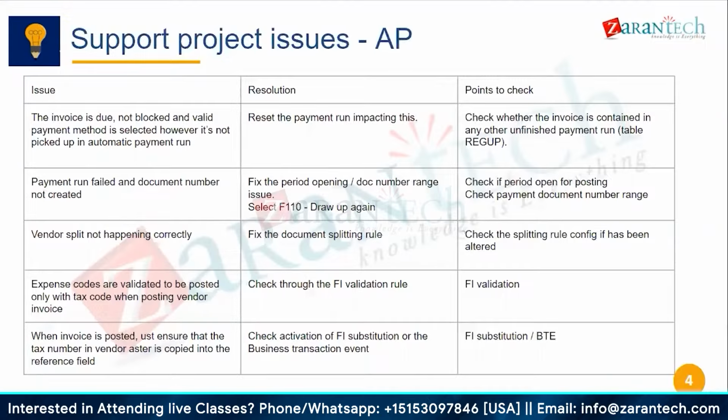In this, what is happening is, credit vendor and debit expense. Let's say this expense is booked to cost center 123000, which belongs to your profit center 123. And the other one is 124000, and it belongs to profit center 124.